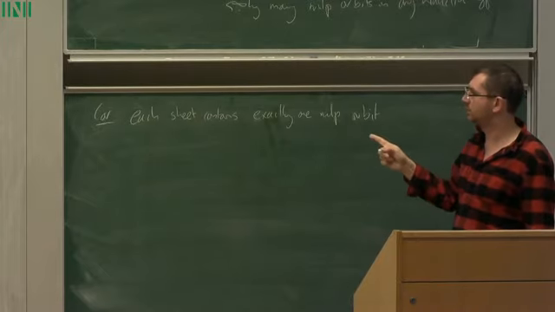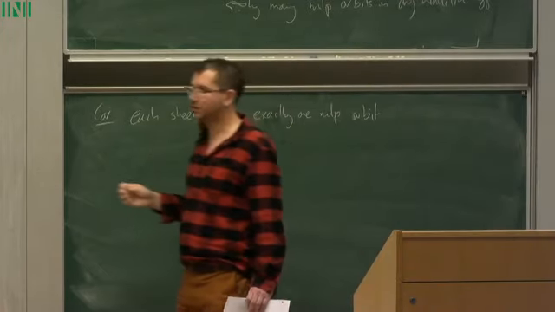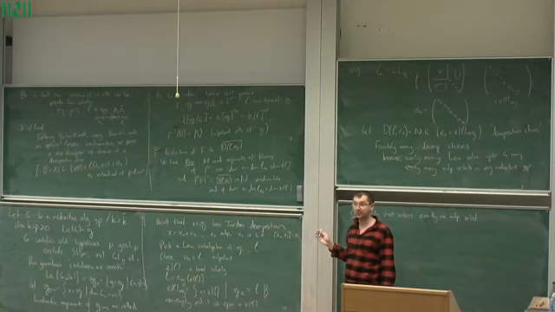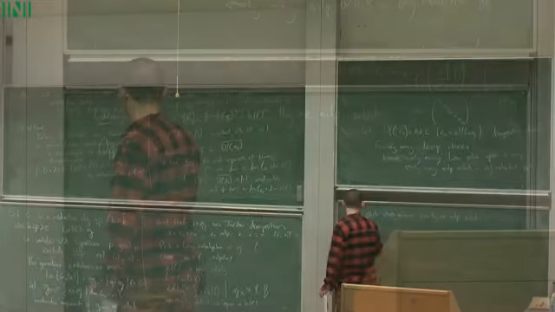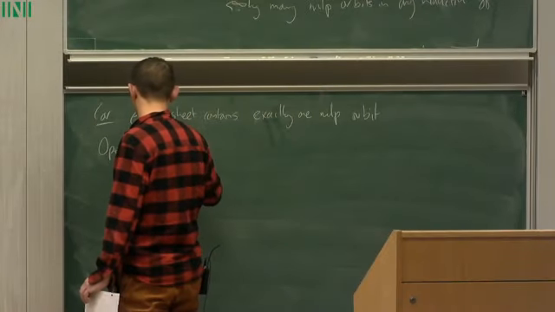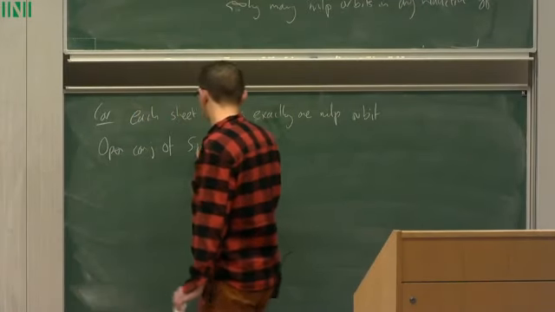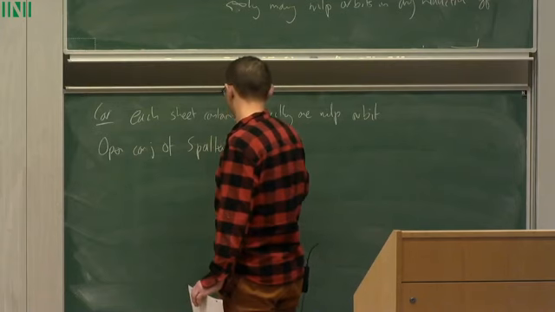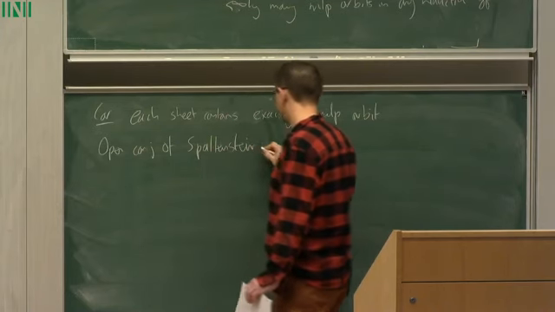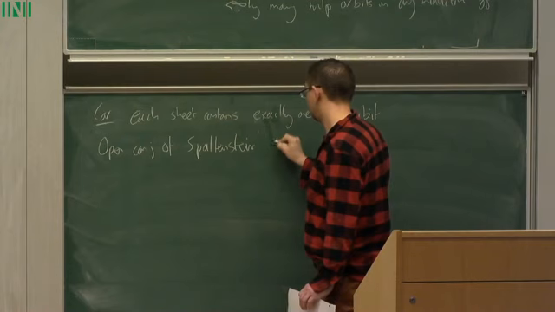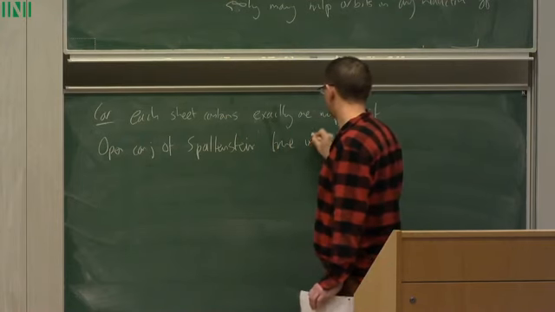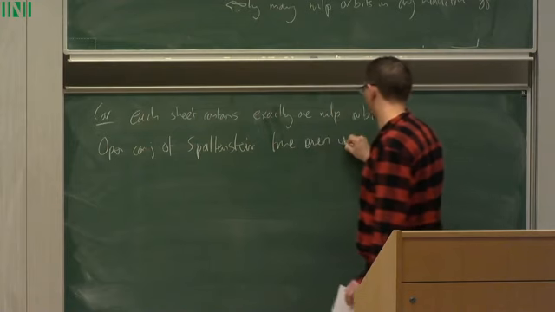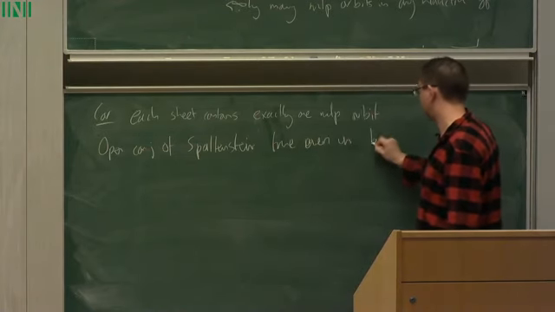It is still an open conjecture of Spaltenstein as to whether this is true in bad characteristic. So all of this works in good characteristic, but it is an open conjecture of Spaltenstein that this is true even in bad characteristic.